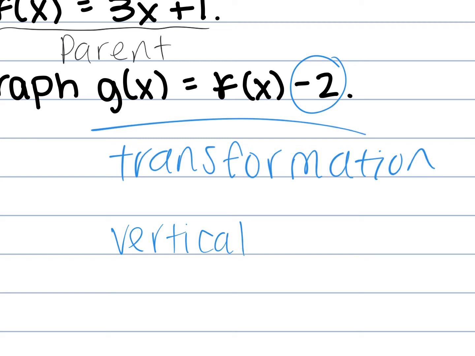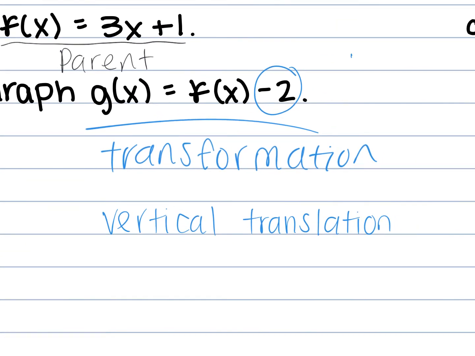Second question. What kind of transformation is it? It's a translation. Why? Good. We are subtracting. Do you agree? Anytime you're adding or subtracting, what kind of transformation is it? Translation, okay? So it's a vertical translation in what direction? What is my k value here?